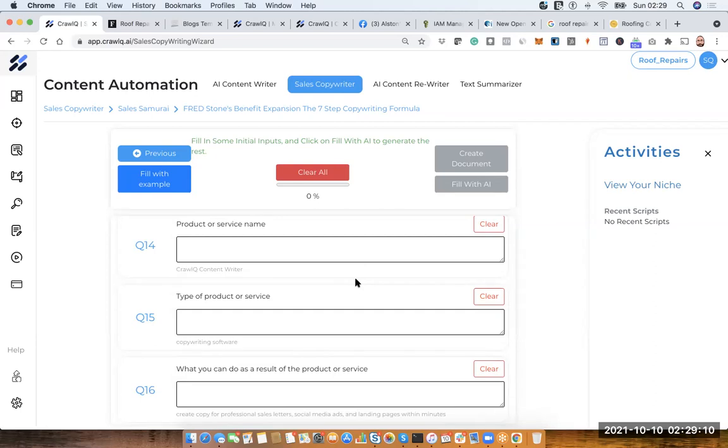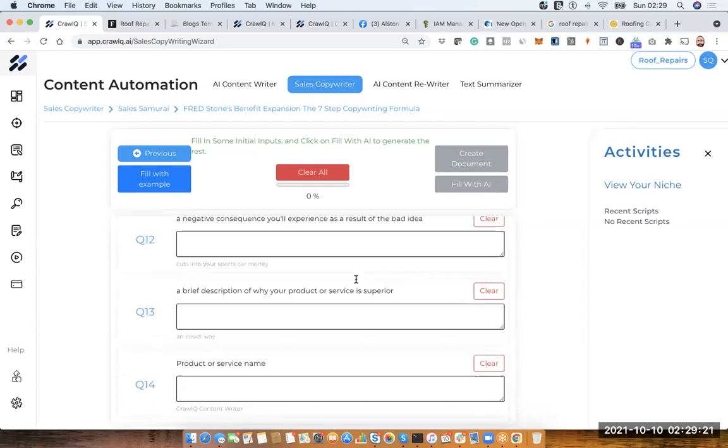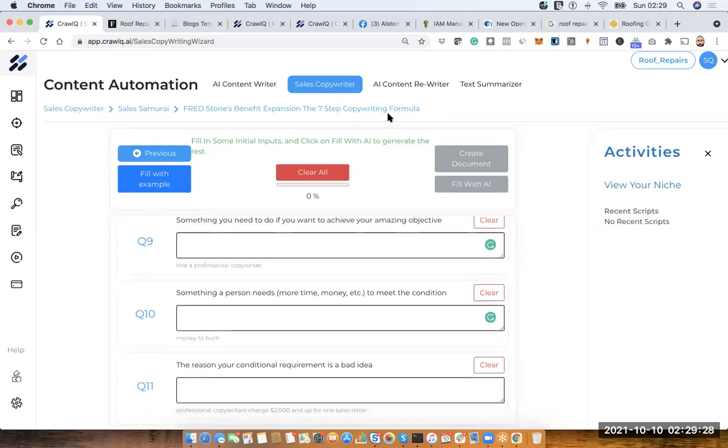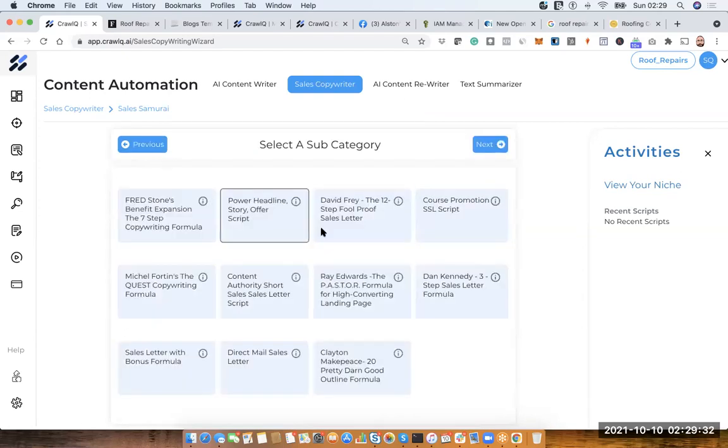Then when you create a new sales letter, AI already understands the pattern and the quality will dramatically improve the next time. For this, you need to invest some time so that you make sure the answers are accurate. It's a one-time effort, but then you can spin off several different types of sales letters because AI has tuned to that pattern. It starts understanding the pattern, those answers and the questions.